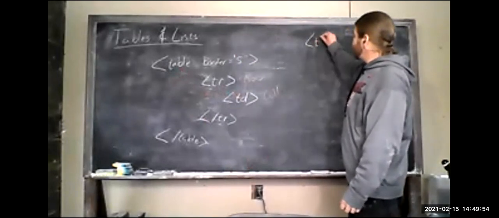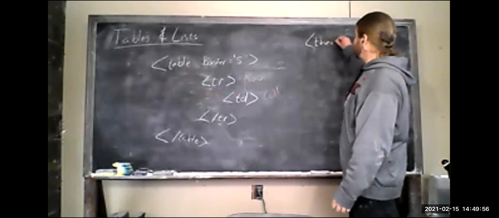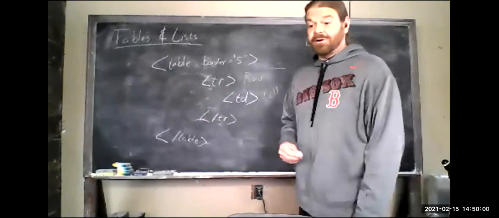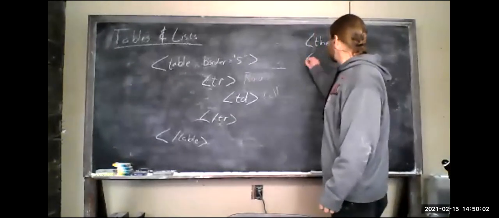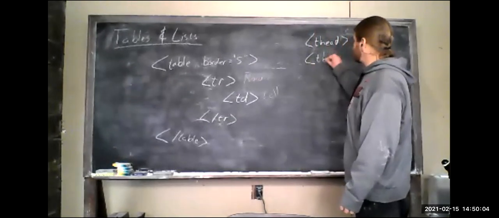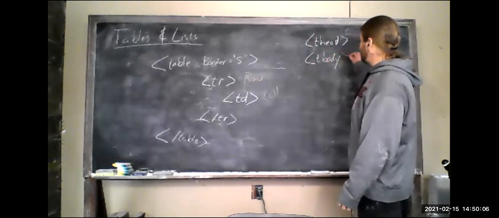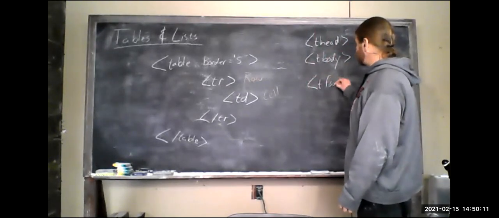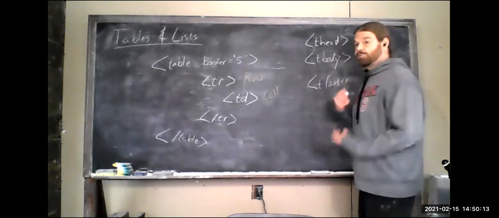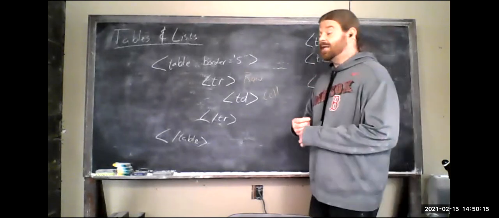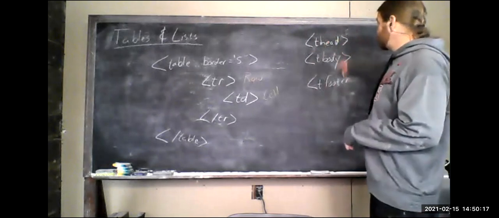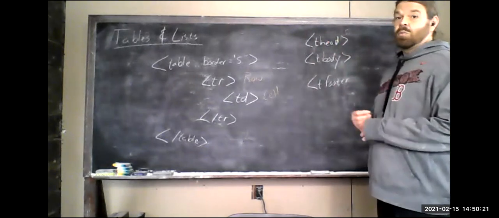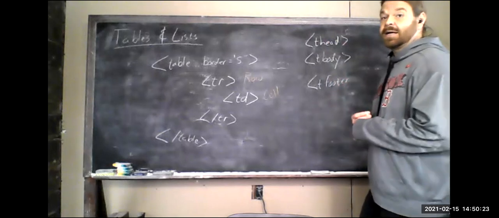But we also have tags for T head, the table header, obviously to make the header stand out, the table body, and table footer, which would really be like organization things, right? Just ways to kind of specify what part of the table we're looking at.